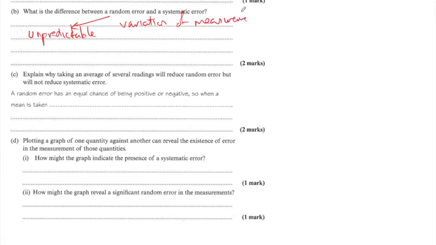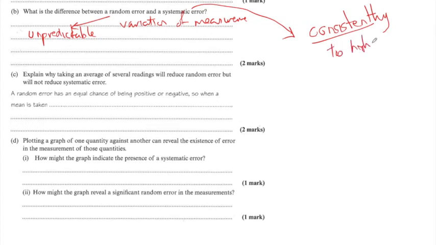The systematic error is where the measurement is consistently, that's the key word, too high or too low; the deviation from the true value is consistently too high or too low.